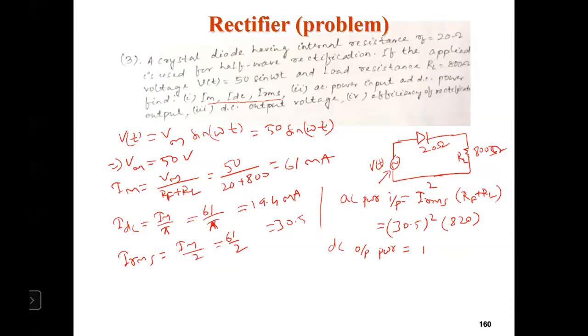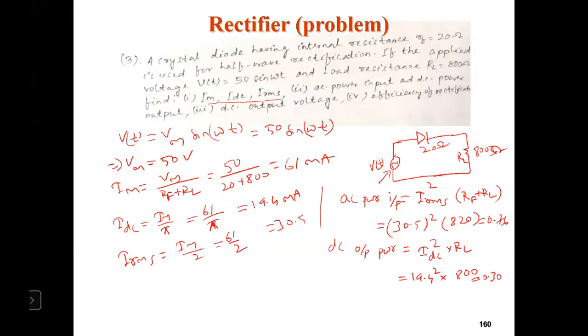You are talking about only the 800 ohm resistor, how much power you get across the output. So IDC is equal to 19.4, IDC square into RL. It is 19.4 square into RL, which is 800. The previous one was 0.76, so this one is 0.30.